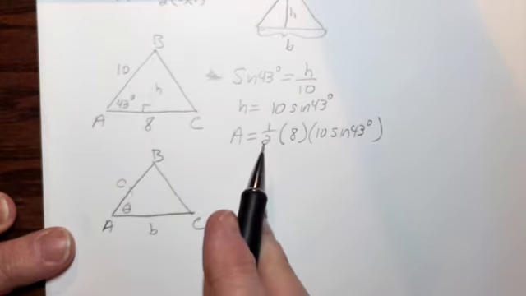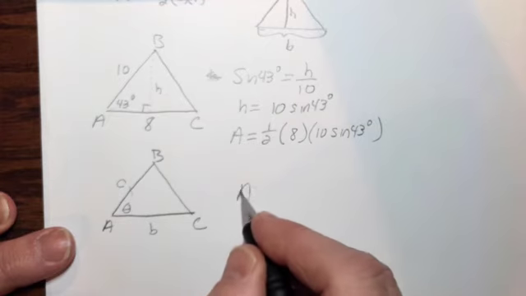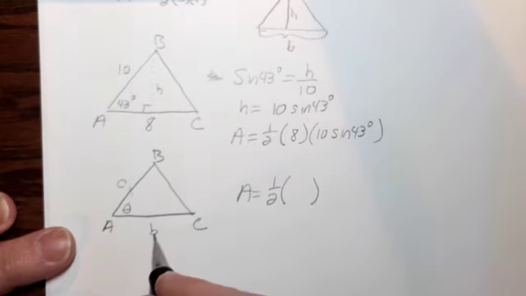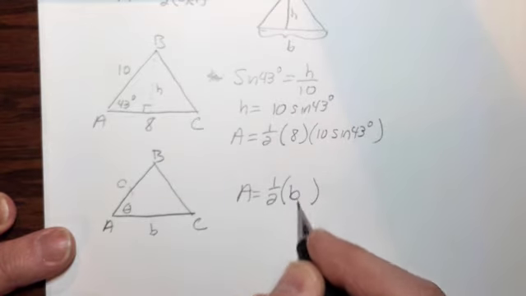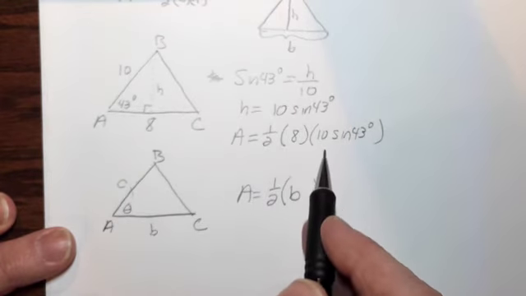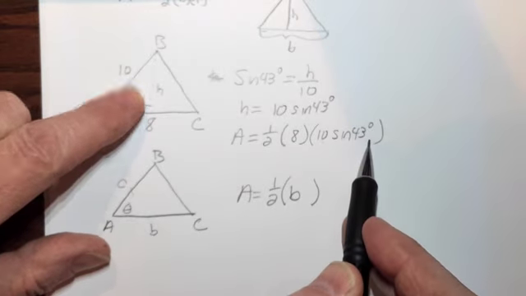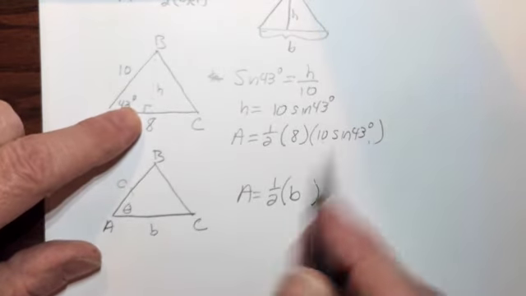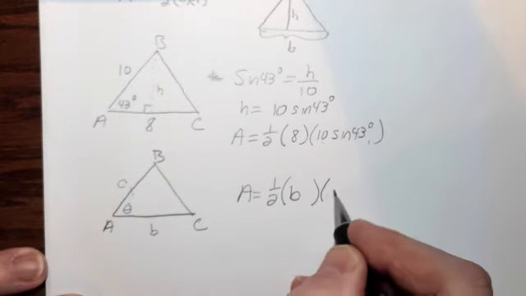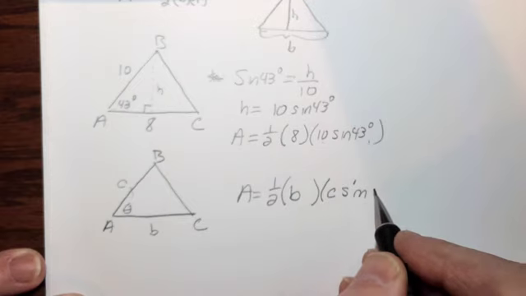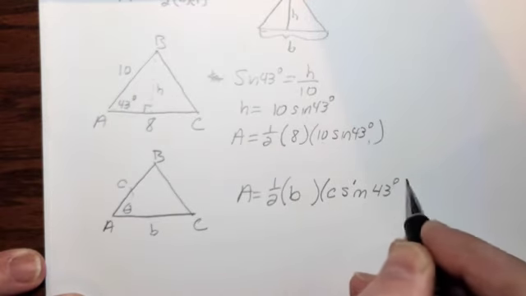If we compare that to up here, the area is just going to be 1/2 what the base was, which is B. And then this is this side, and this is the angle that was in between it. And so this down here is going to be exactly the same thing. It's just going to be C times the sine of theta.